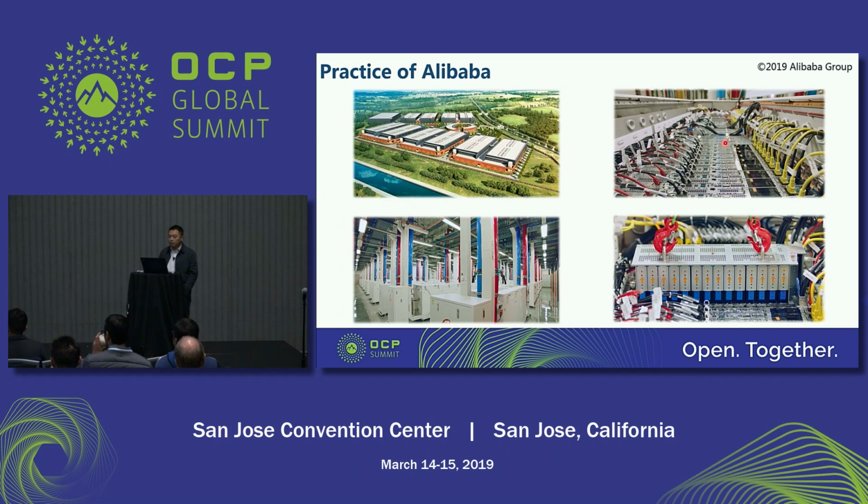Alibaba completely redesigned servers, storage, and network architectures for immersion cooling. All IT equipment in the data center is wholly immersed in the cooling liquid, so you don't need air conditioners and fans.